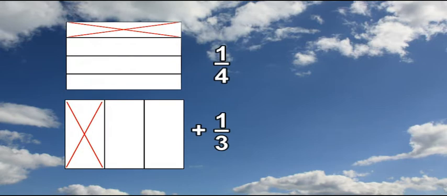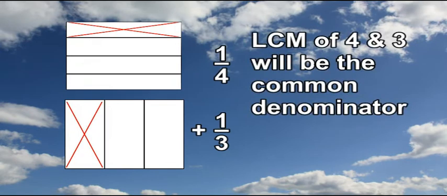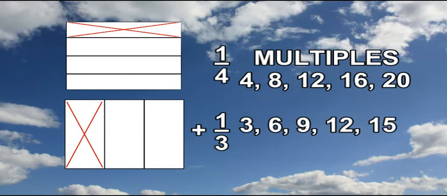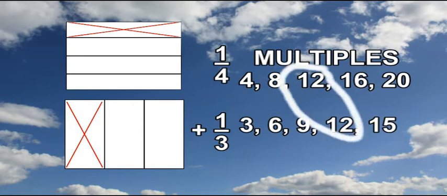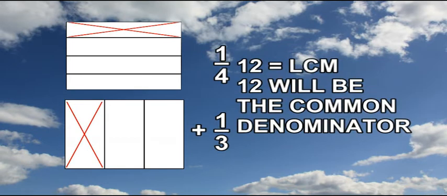To combine 1/4 and 1/3, we need to find the LCM of the denominators of 4 and 3. The multiples of 4 and 3 follow. The least common multiple would be 12. 12 is going to be the LCM, which means it will also be the common denominator.